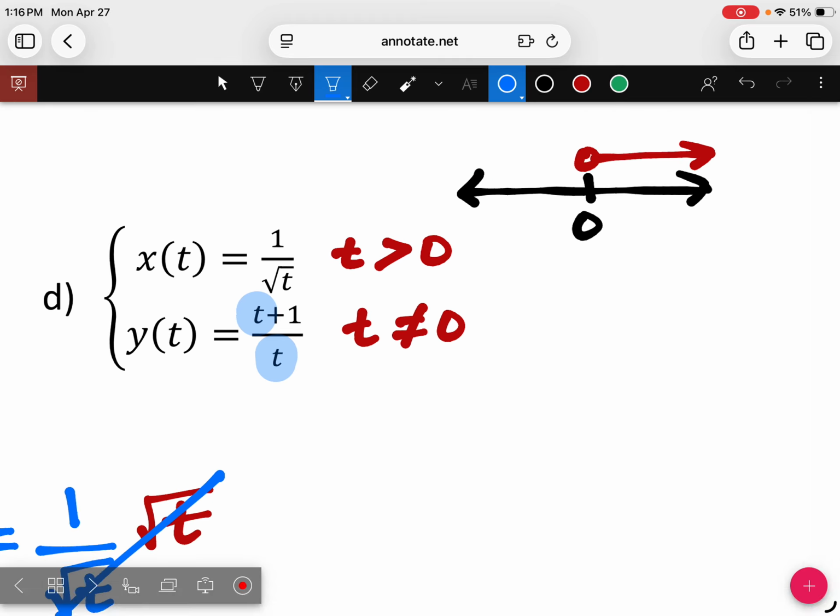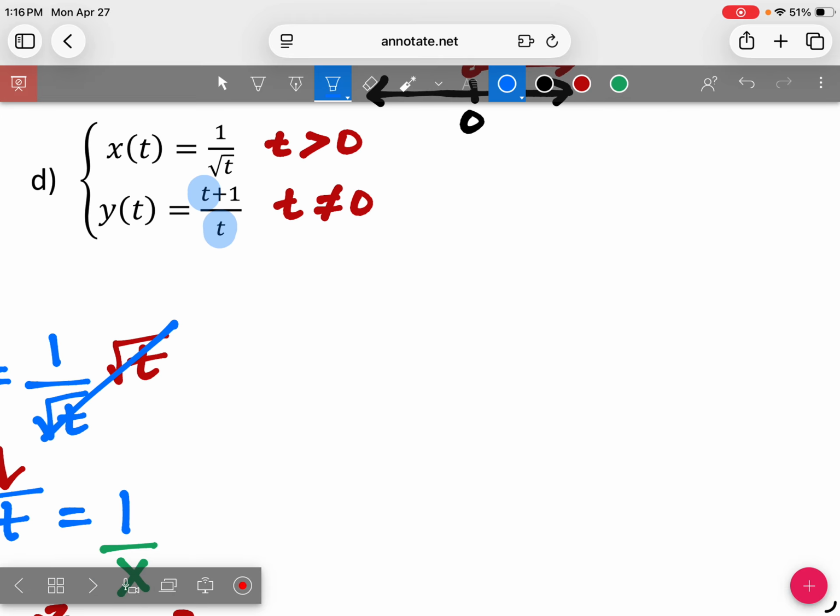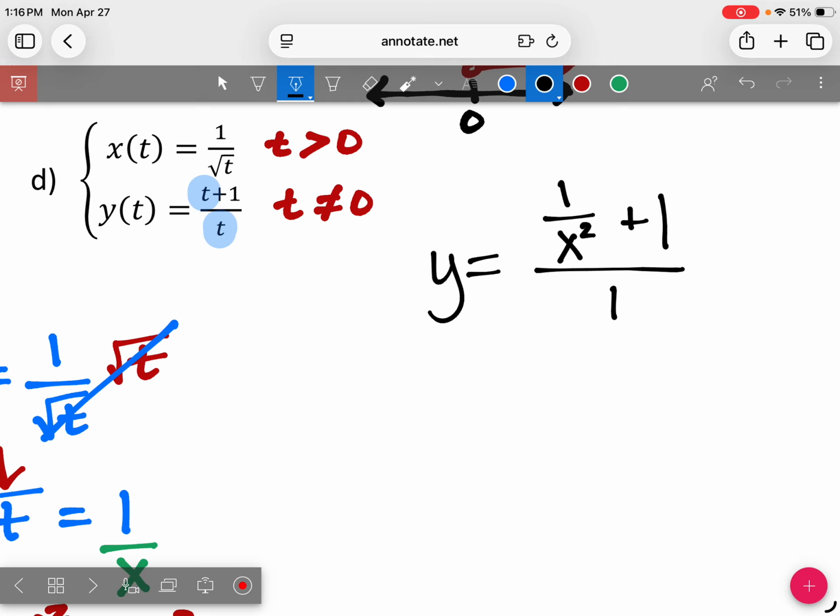Okay, so it's going to be a complex fraction. So what I have is y equals, and it'll be 1 over x squared plus 1 all over 1 over x squared. Because we have to put it in 2 places.